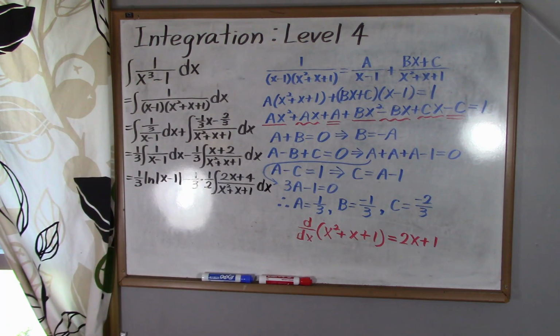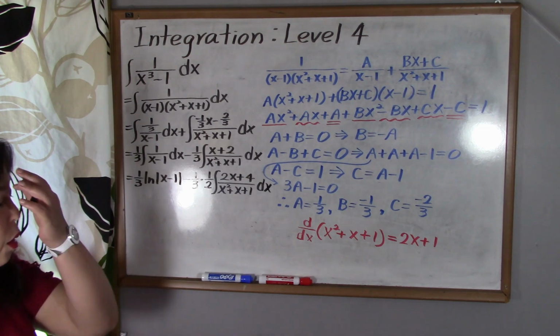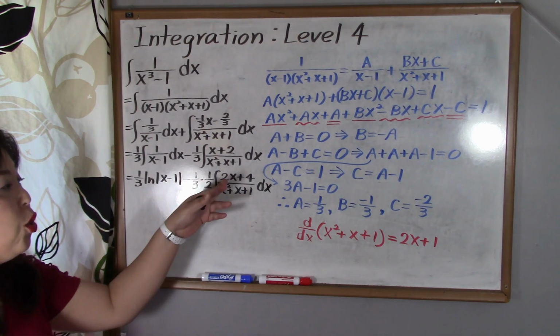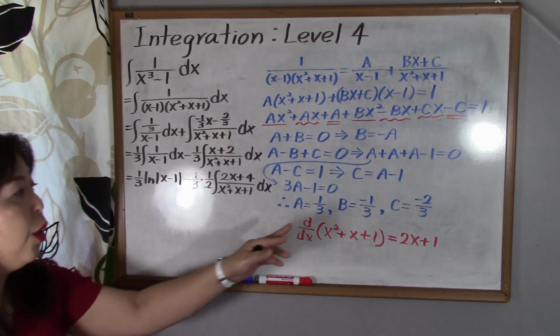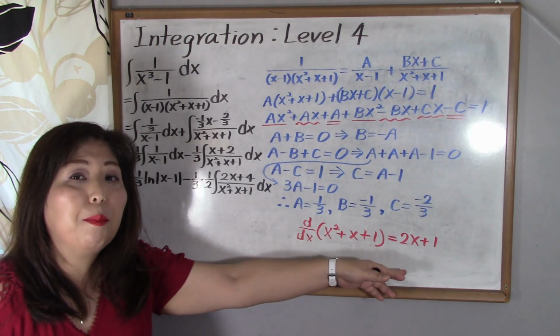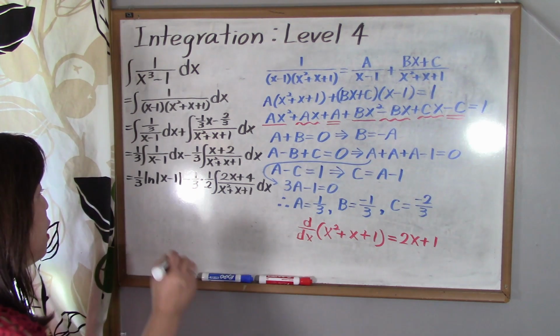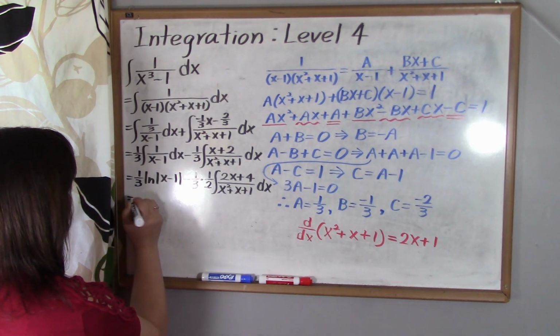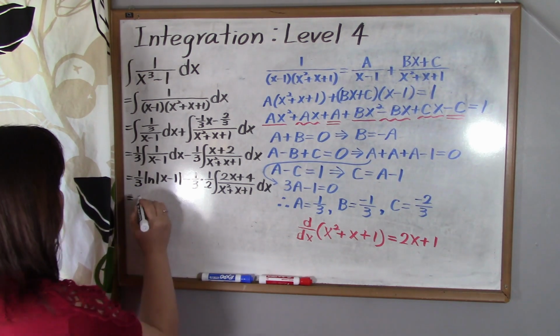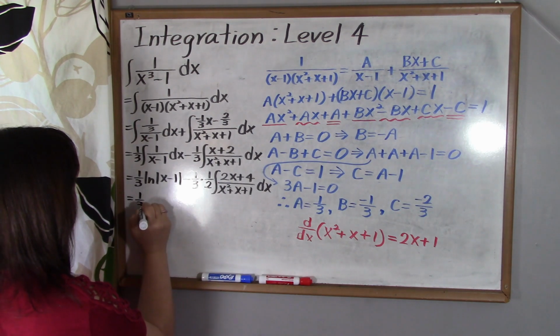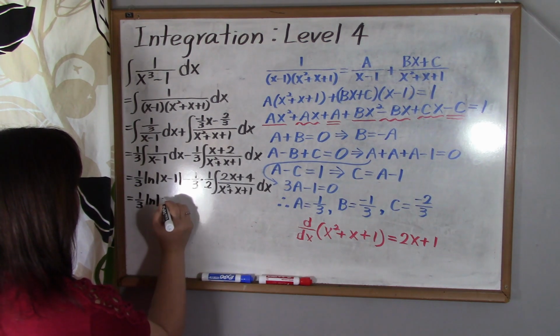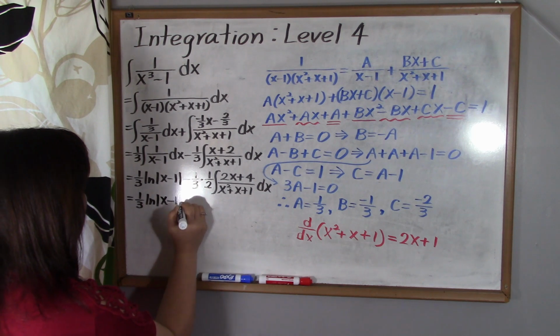Okay? So now, we're going to change the numerator into 2x plus 1 plus 3. We can do that, okay? So let's do it. Is equal to, so I'm going to rewrite this one. 1 over 3 ln absolute value of x minus 1.